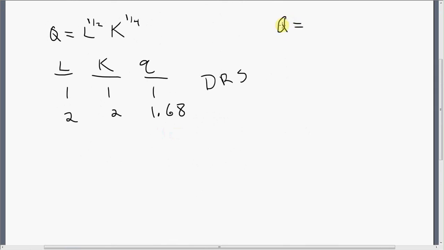The quantity of output equals L times K. 1 and 1 gets us 1 unit of output. 2 and 2 gets us 4 units of output, increasing returns to scale. And finally, one more.